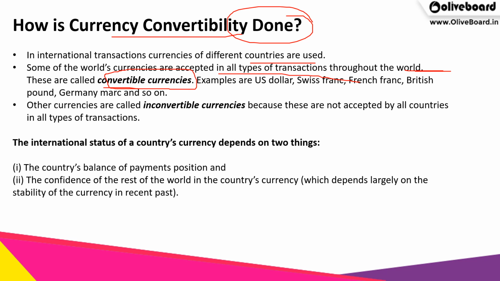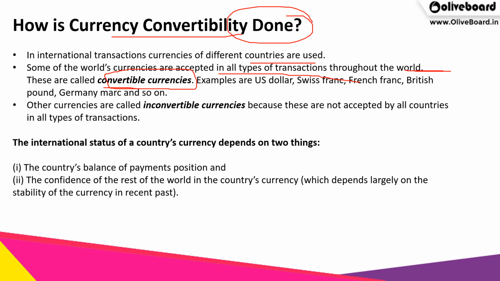Now here we can talk about the US dollar. If we go to some other country and we are not transacting in their currency, they sometimes do accept US dollars. Almost all the countries accept US dollars. But if we want them to accept Indian rupee, not all the countries will be ready to take it.